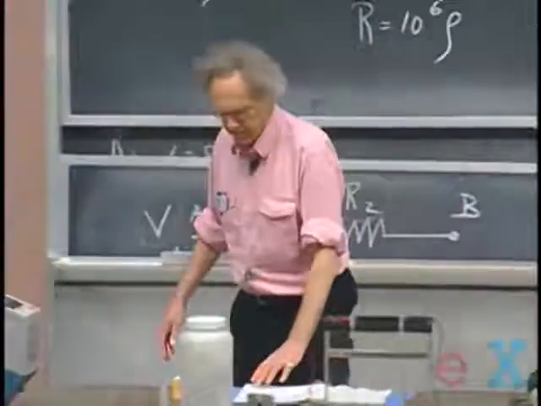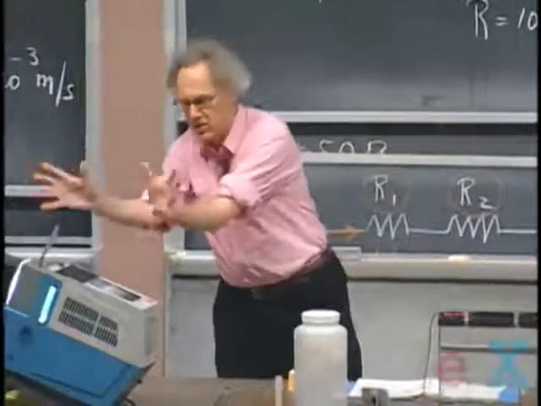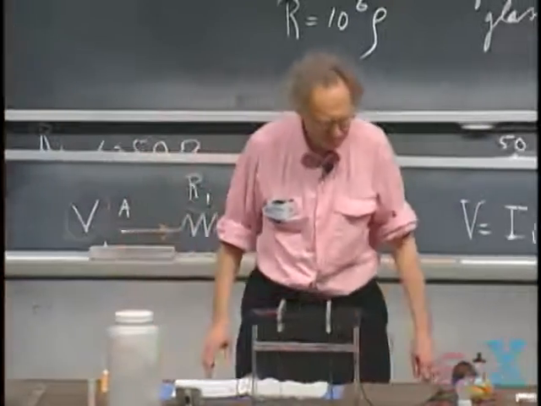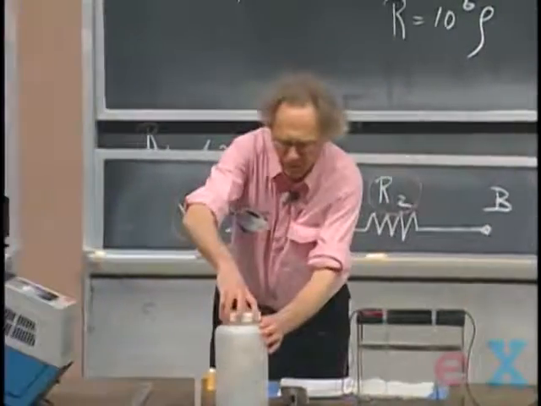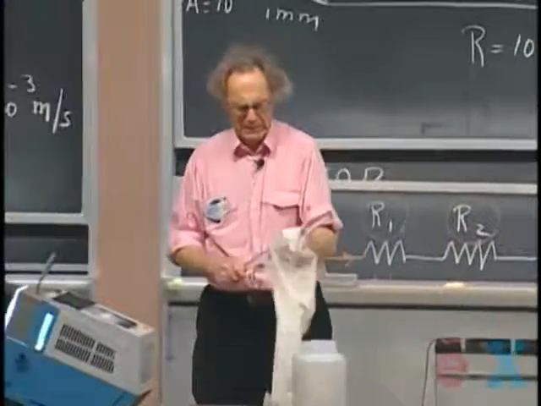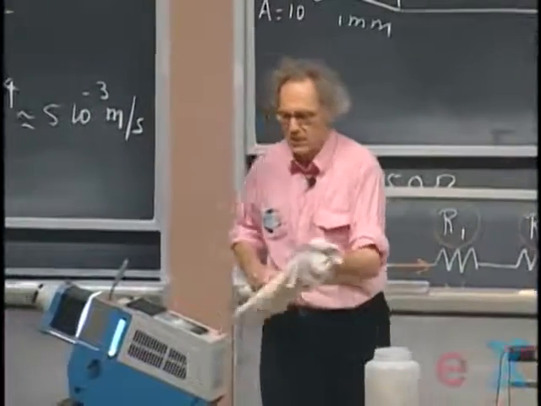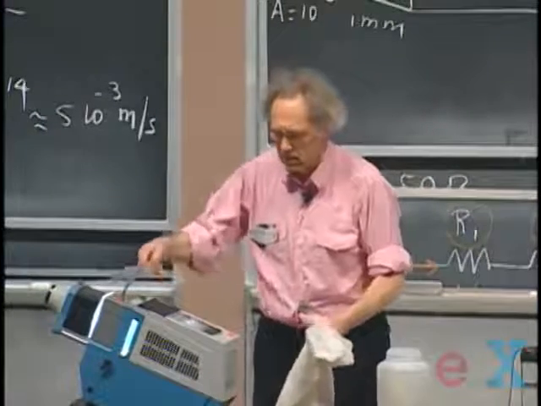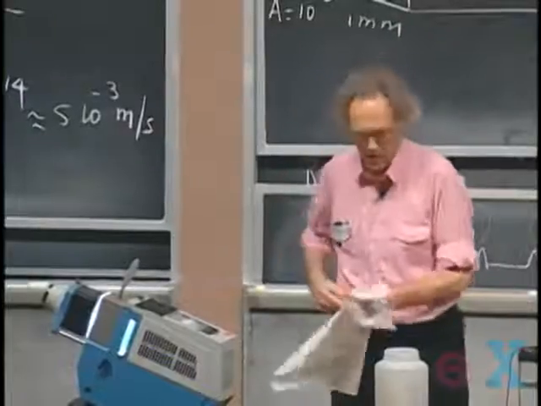And then I will create ions in the vicinity of the electroscope. So let's first put some charge on the electroscope. I have here a glass rod, and I'll put some charge on it. Okay, that's a lot of charge.